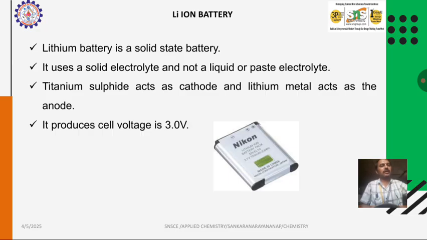Titanium sulfide acts as the cathode and lithium metal acts as the anode. We can say which is cathode and which is anode based on the electrons: which one donates the electron and which one accepts it. Those we call anode and cathode.